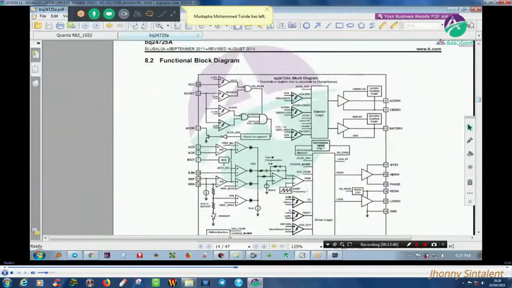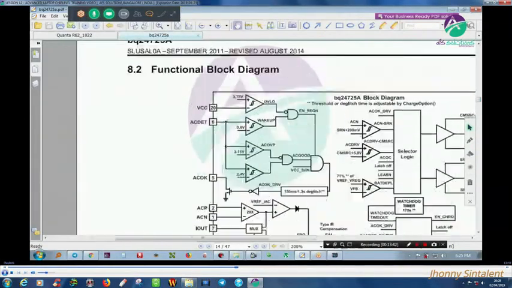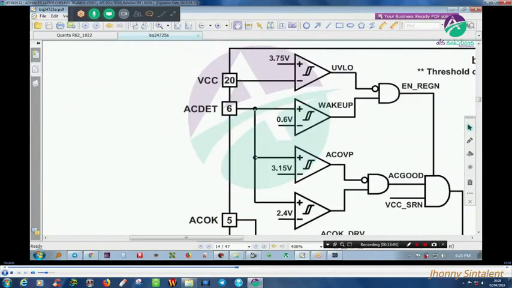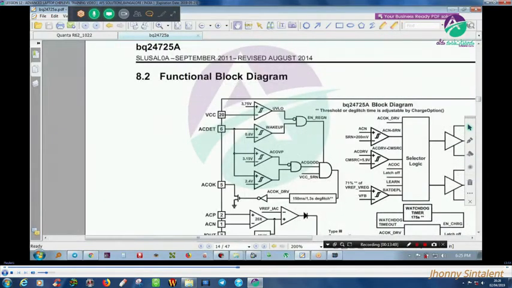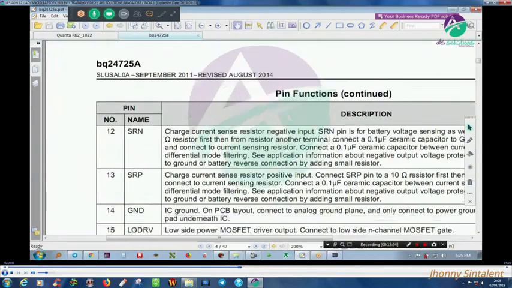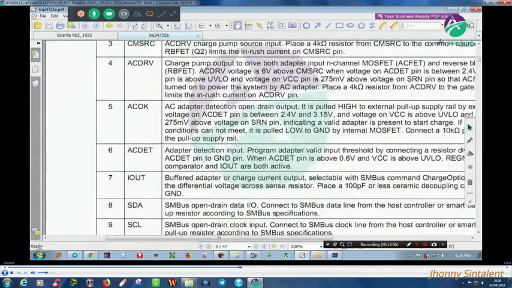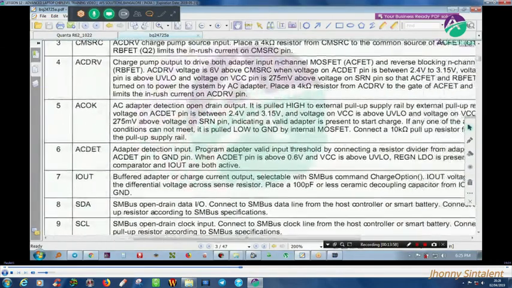Yeah, got it. So it is pin number 6, AC detect. Okay, so it is on my page number 14. So let me go to page 14. Pin number 6, you can see, it is written as adapter detection input.